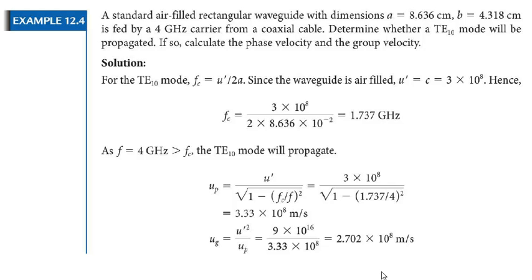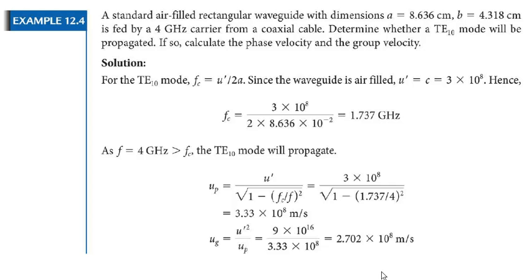So we'll get vg as c square divided by vp. c square is (3 into 10 raised to 8) square divided by vp, 3.33 into 10 raised to 8. So you will get 2.702 into 10 raised to 8 meter per second.